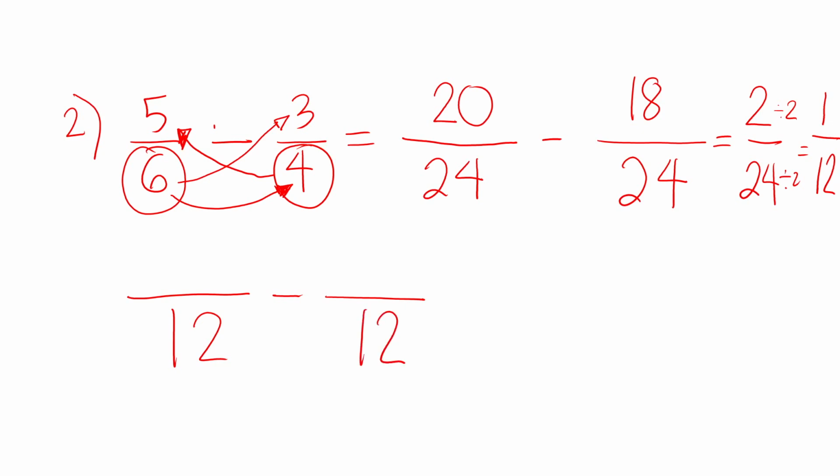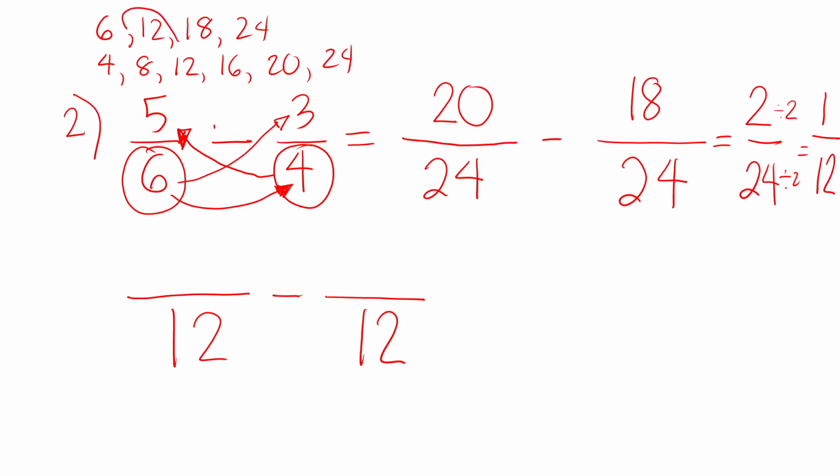If I'm gonna list down 6, 12, 18, 24, and I'll have 4, 8, 12, 16, 20, 24. Unsa may pinakagamay nga makita ninyo dira nga common sa duha? There you go. Although 24 is common, pero di na niya ang pinakagamay. Ang pinakagamay, least, is 12.